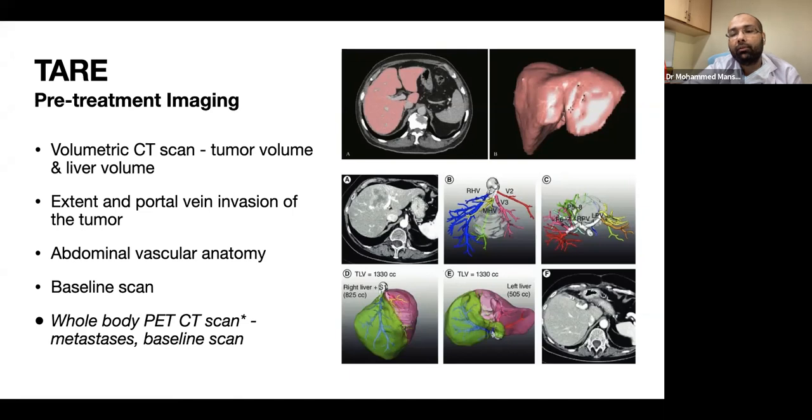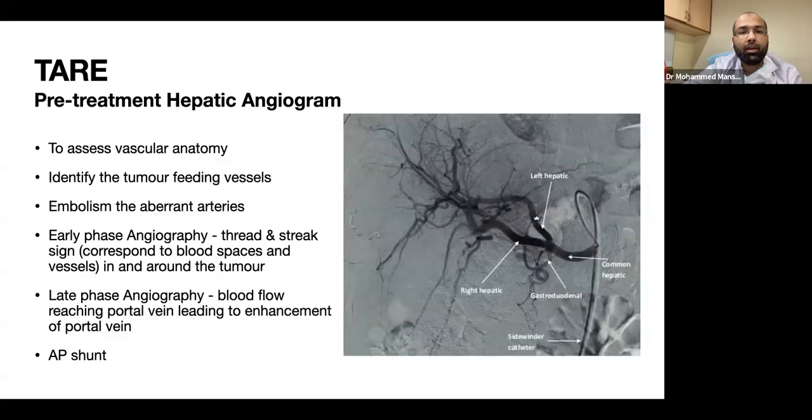This shows how the volume of the liver and the volume of the tumor are calculated, and a very good image that gives us information about the vascular supply of the liver and the vascular supply of the tumor. The next step would be to take the patient to the cath lab and do a hepatic angio, and you study the vascular anatomy, and you see the arteries that directly feed the tumor.